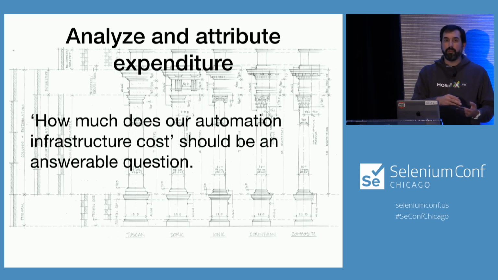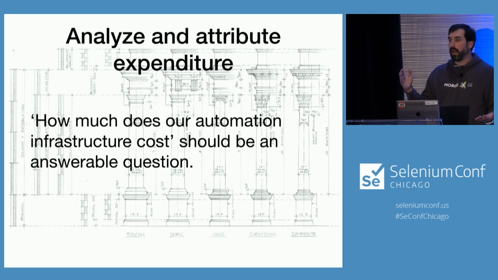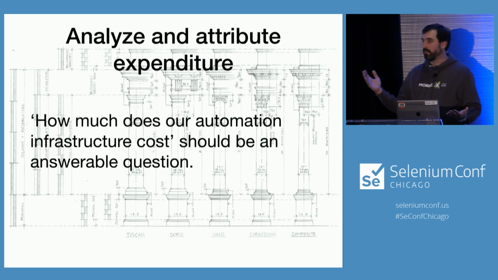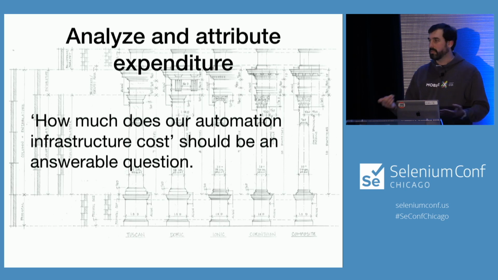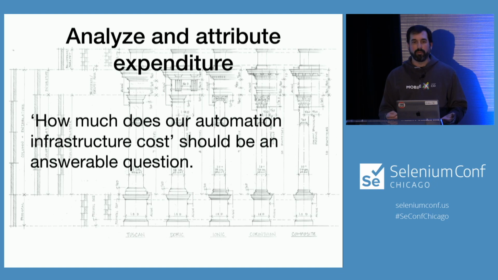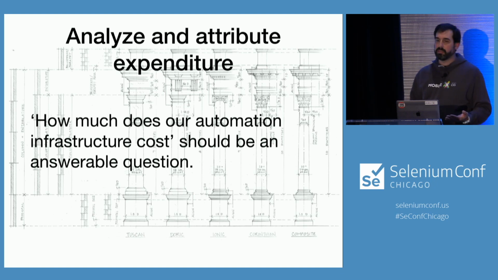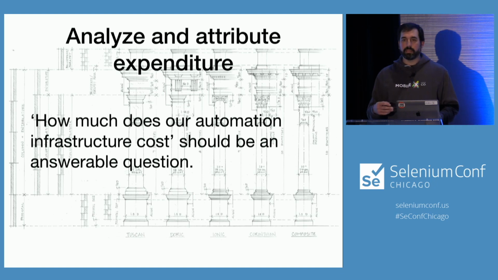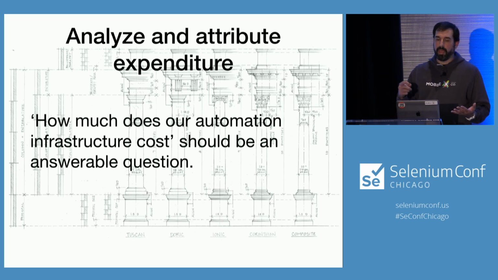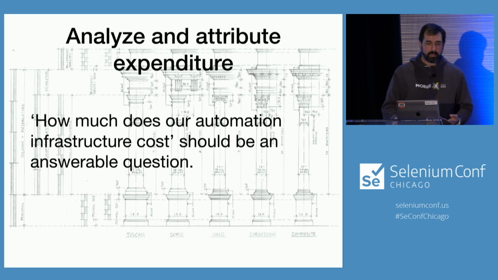I used to have a rack of machines sitting in a data center. I don't know how much the power is to run this. I don't know what our replacement parts that are sitting spare cost. How do we amortize those over the lifespan of the server? Whereas in a cloud environment, you are paying by the hour or by the month. So it should be super easy to answer that question.